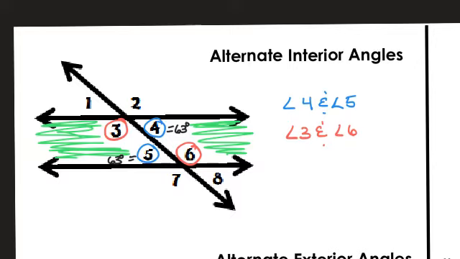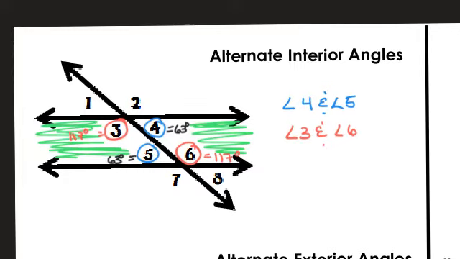It has to equal 180. And so therefore, it would be 117 degrees. And if angle 5 is 63 and angle 6 is 117, then I also know that angle 3 is also 117 because they are alternate interior angles.